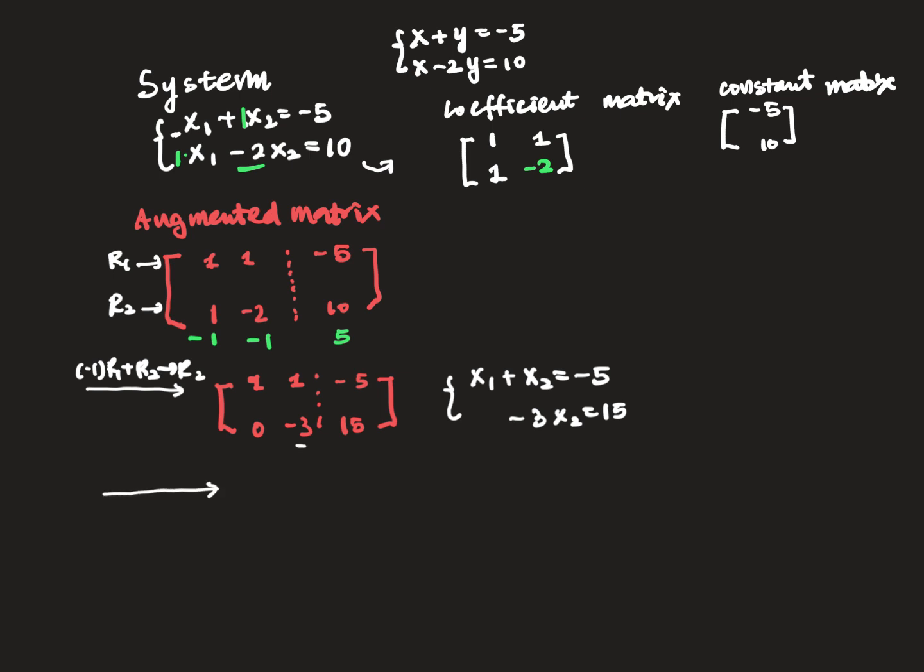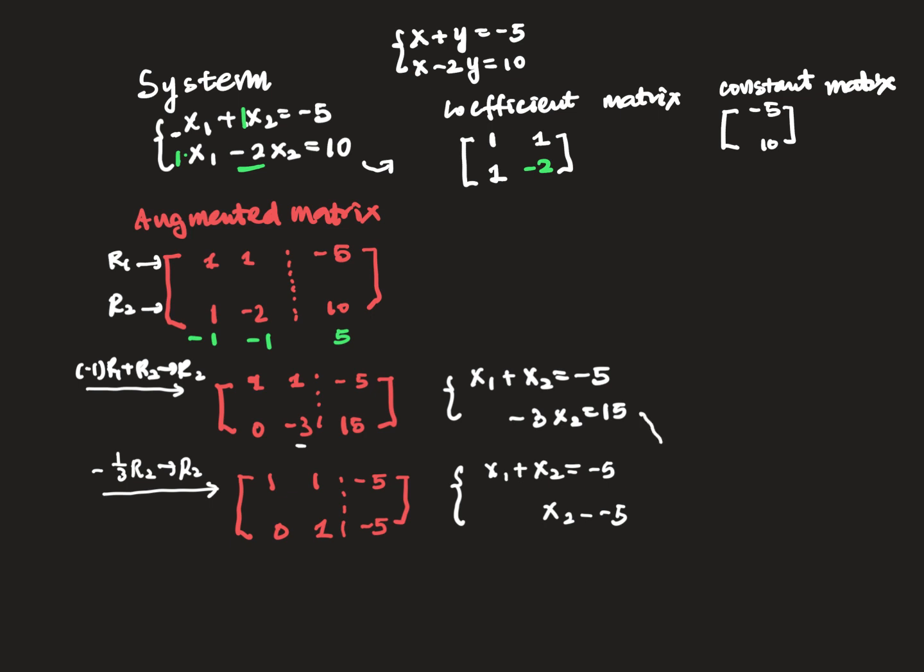So you're going to have one operation: -1/3 R2 goes to R2. Which means the other row doesn't change: 1, 1, -5. 0, -3 times -1/3, meaning -3 divided by -3, that's 1. 15 divided by -3 is going to be -5. So the system of equations is x1 plus x2 is -5, x2 is -5.